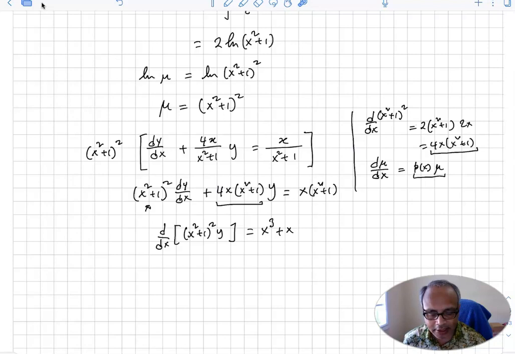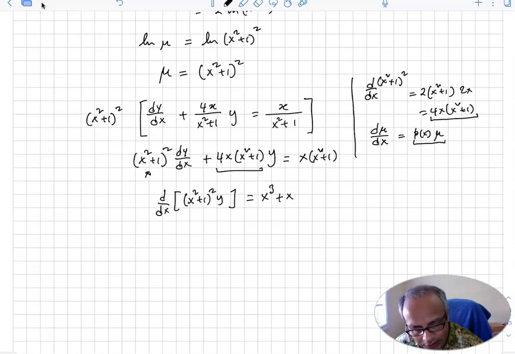Once you multiply by the integrating factor, you should get d/dx of the integrating factor times y equals the right hand side, and the right hand side you calculate by multiplying with the integrating factor. But if you make a mistake in your integrating factor calculation here, then that will be wrong. So it is a good idea to check here to confirm that you are good at this stage in your calculation.